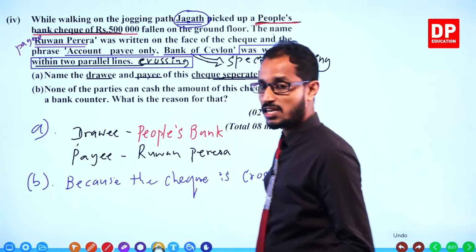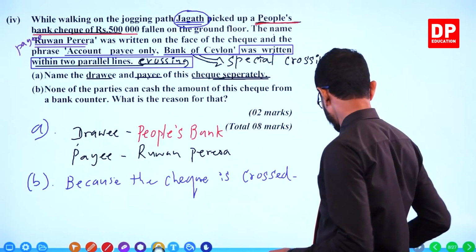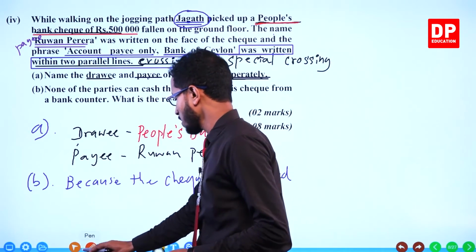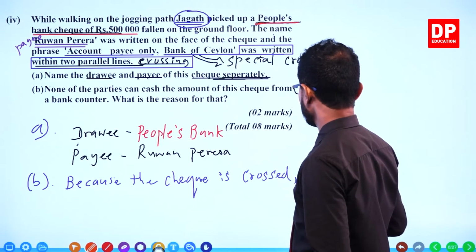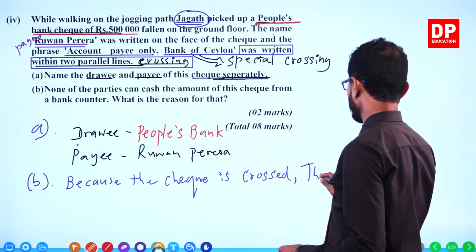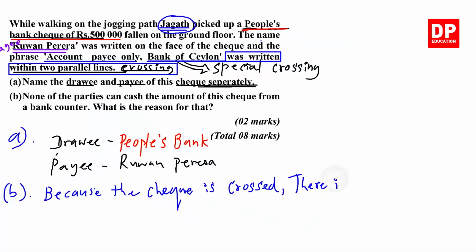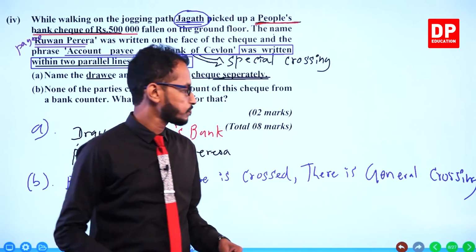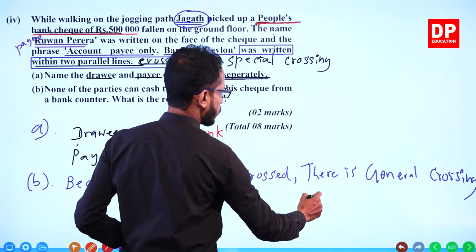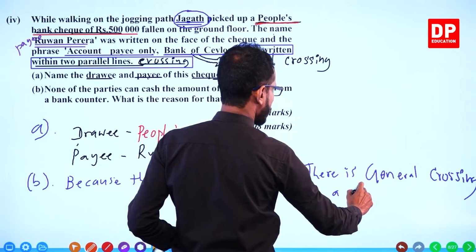I'll just write some additional information just for your understanding. There is a general crossing and a special crossing too.